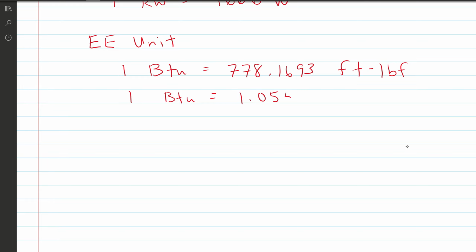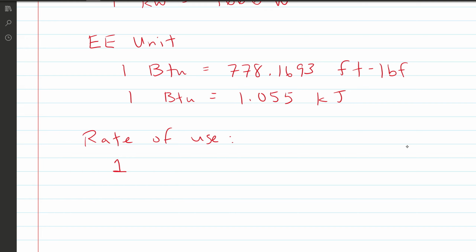So 1 BTU, you've probably heard of that before, is about 778.1693 feet pounds force. 1 BTU is also equal to 1.055 kilojoules.